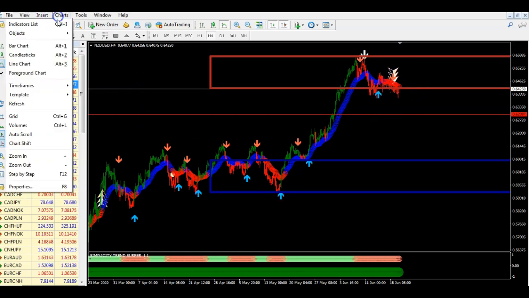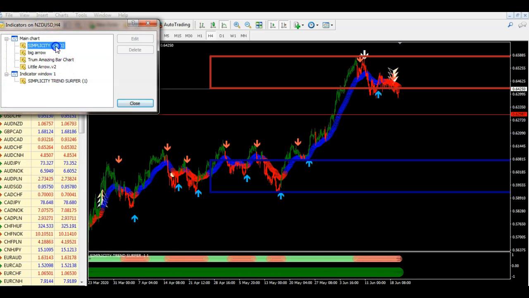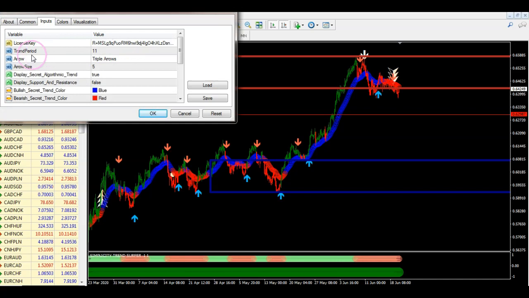What happened is that I changed the trend period to 11. One of the coaches uses it like that. But the original number right here is 20 period.